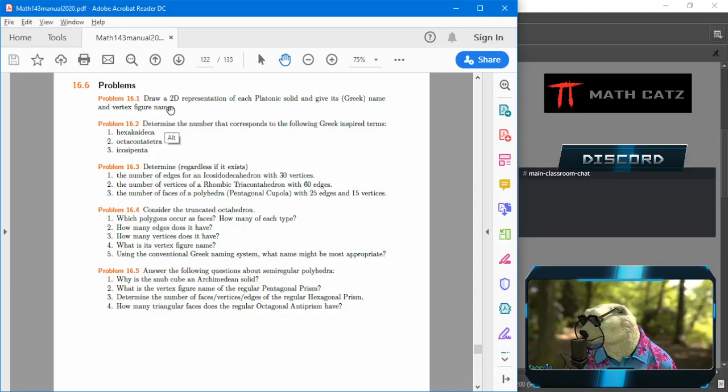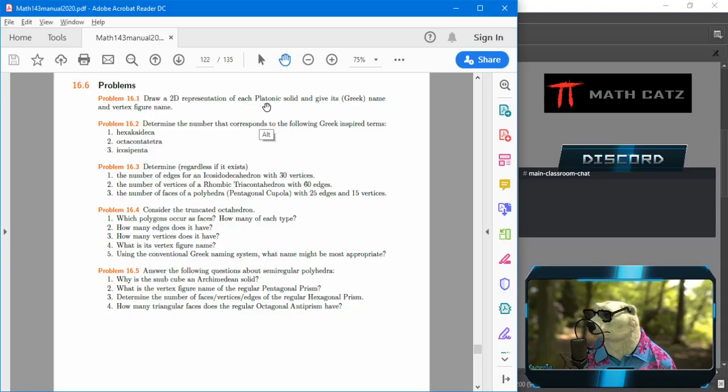So 16.1 covers some things I need to do for the platonic solids. A 2D representation does not mean a net. It is a two-dimensional drawing of the three-dimensional shape. If I wanted a net, I will ask for the net, which I won't. Many people did that in the quiz, which I gave it to them, but that's not what we're looking for.